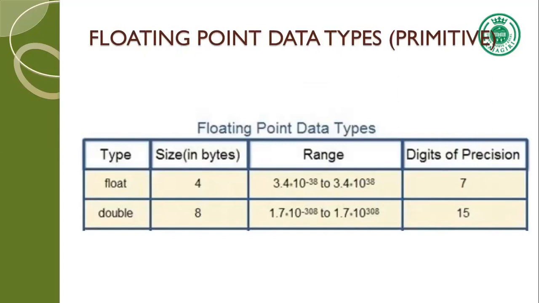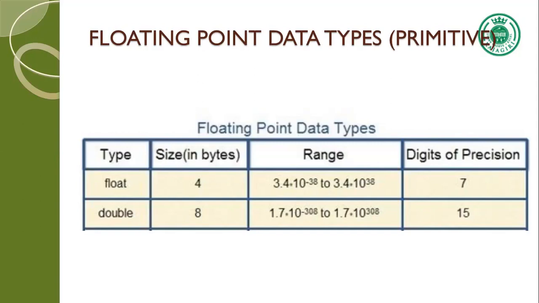Next, we will see about floating point data types. Floating point data types also fall under the primitive category. In floating point data types, we do have two types. We call them float and double. Float requires 4 bytes in the memory, whereas double requires double of float, which means double would require 8 bytes of memory.